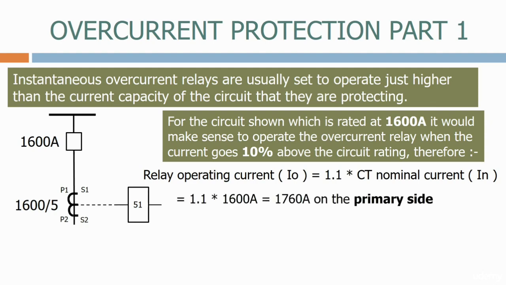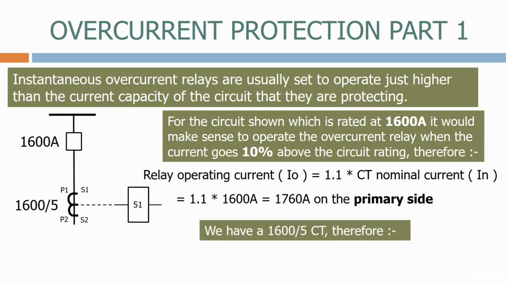This equals 1.1 times 1600 amps, which is the CT nominal current, equals 1760 amps on the primary side. We have a 1600 to 5 CT. Therefore, the secondary current equals 1760 multiplied by the inverse of the CT ratio, which is 5 divided by 1600. This equals 5.5 amps.